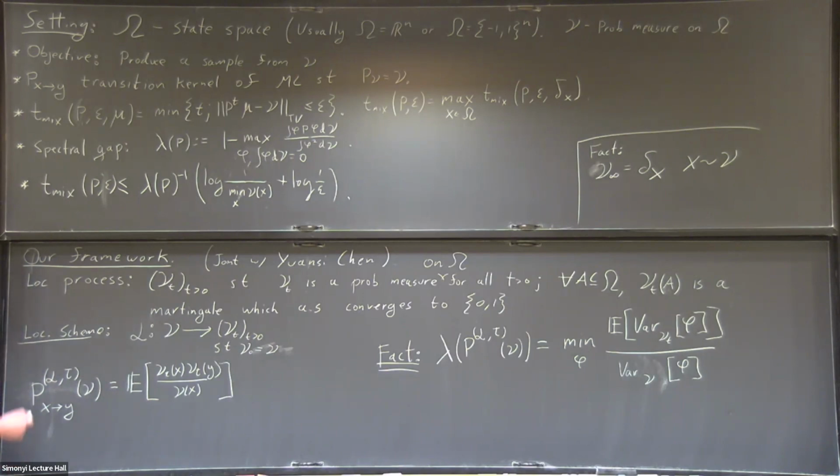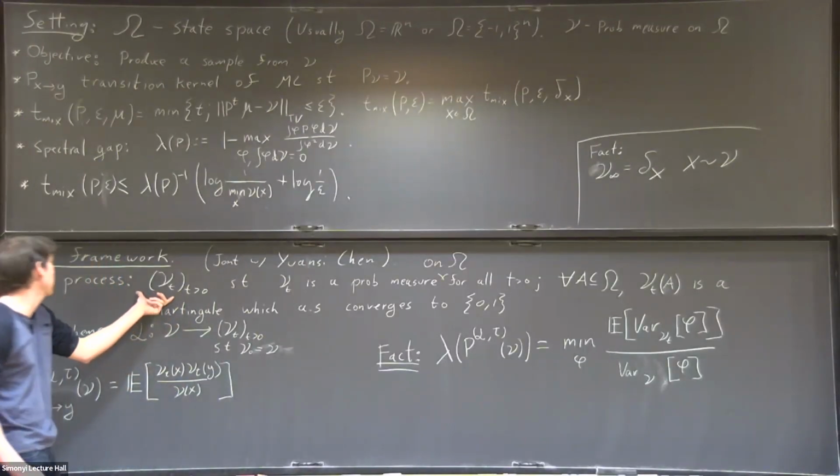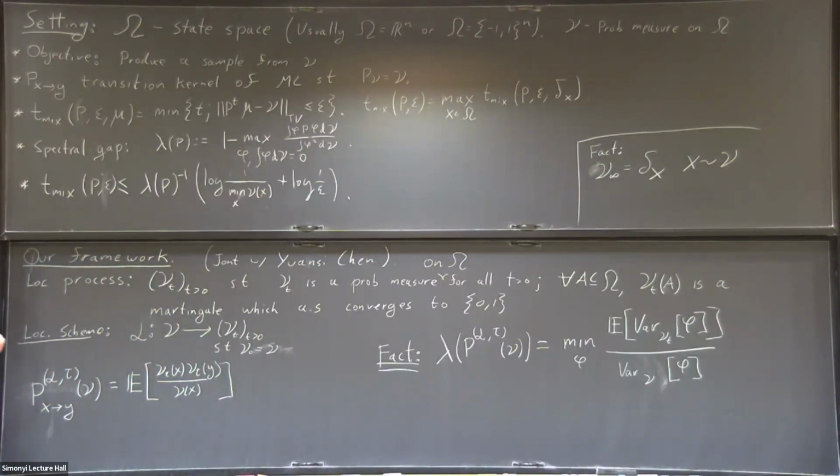Given a localization scheme L and some fixed time tau, I can assign to any measure nu a transition kernel from X to Y. This transition kernel is defined by this formula, where the expectation is over the randomness in the localization process.